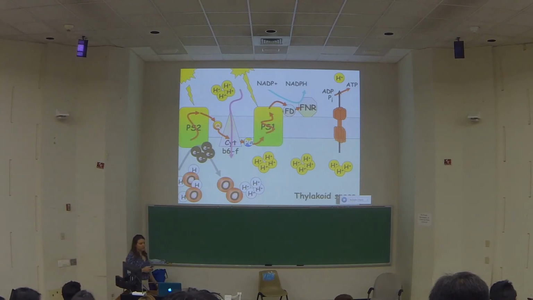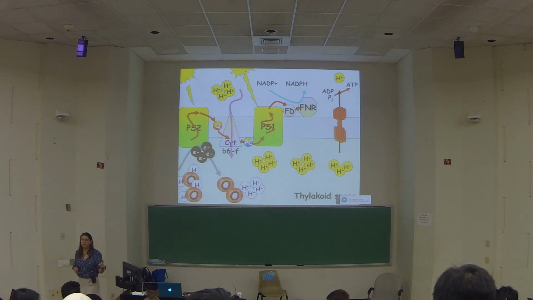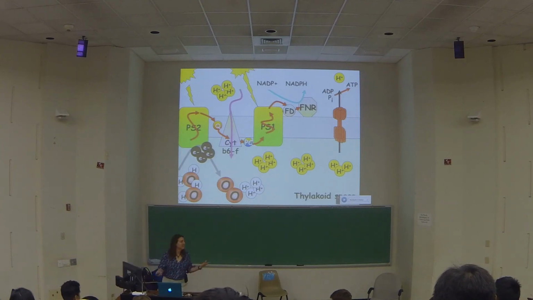Does anyone know how many protons it takes to move across the thylakoid membrane to make an ATP? Who's got their biology trivia down? No one? All right. I don't know. I'll see if I can figure it out.